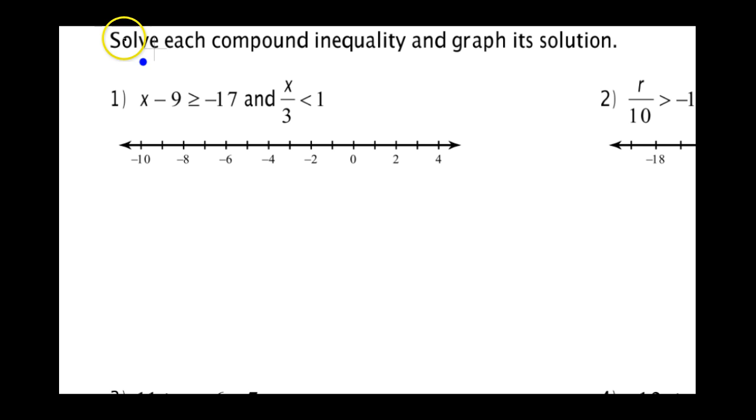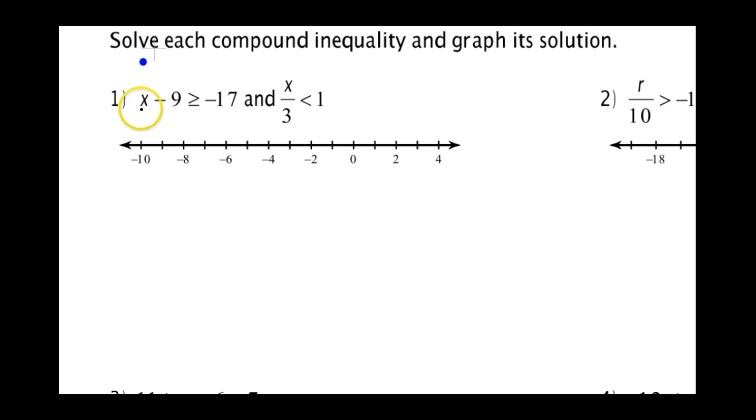Okay, so just to start off, we have just two separate inequalities that are separated by the word and. So this is the first kind where it's not that one big in-between statement with two inequalities, but just two separate things like we've been doing all along.